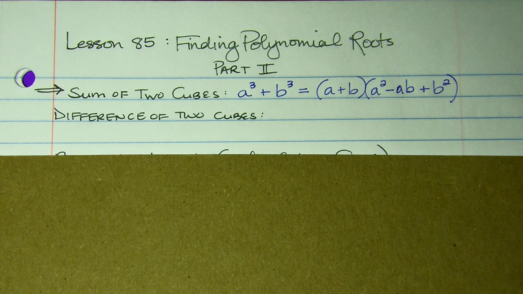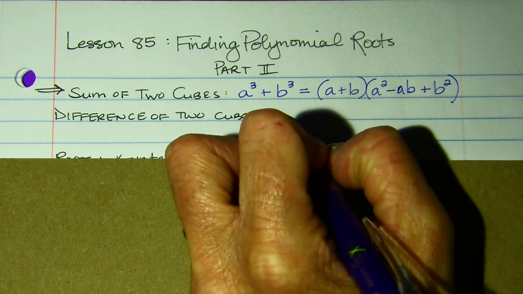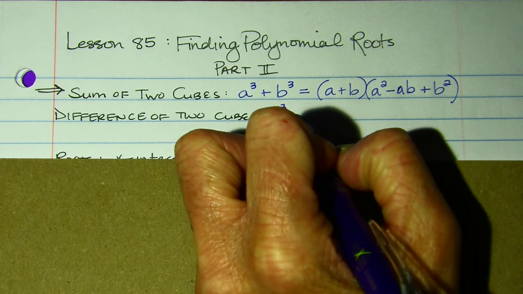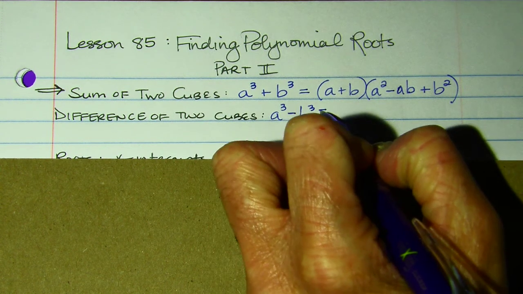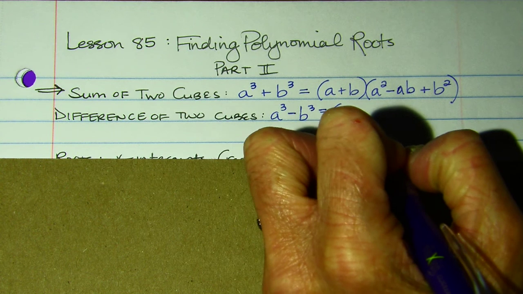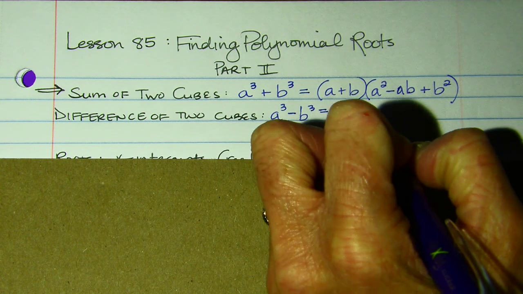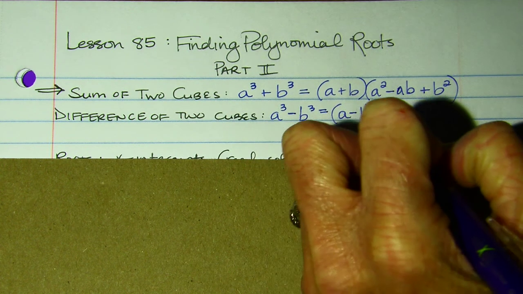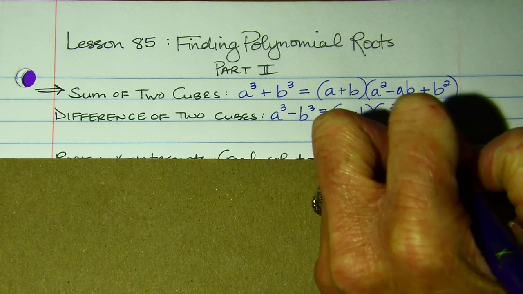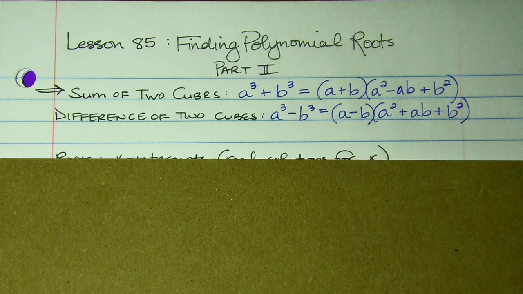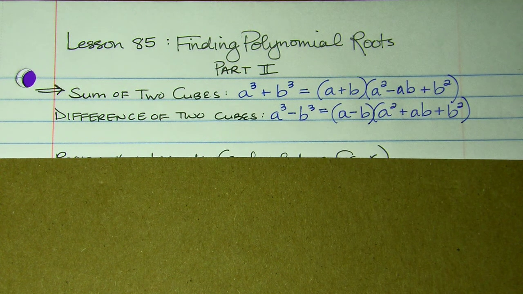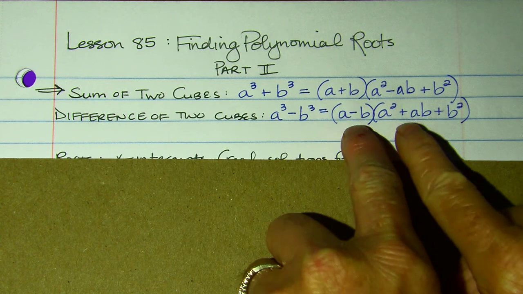Now, a difference of two cubes is very similar. You have two terms, the difference between them, and our factors are almost identical except for the signs in between. So the first is a minus b, a squared plus ab plus b squared. So notice really the only difference is the first two signs.